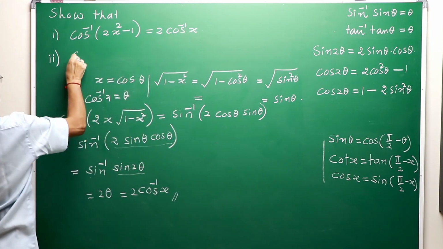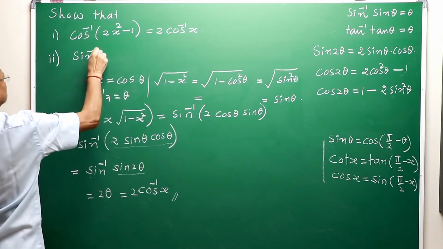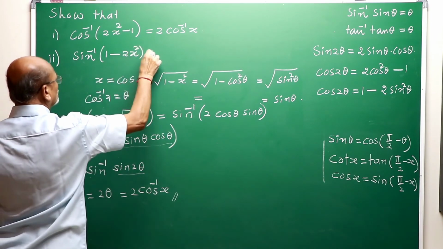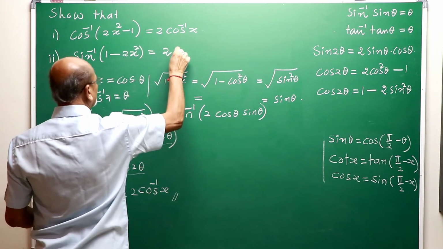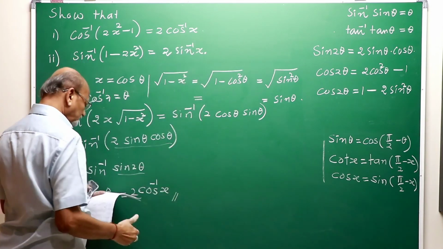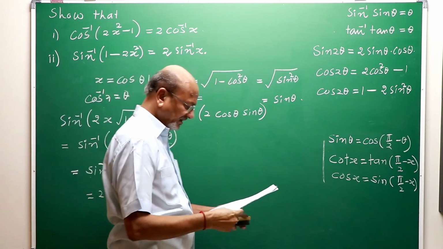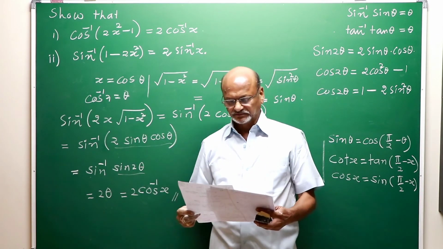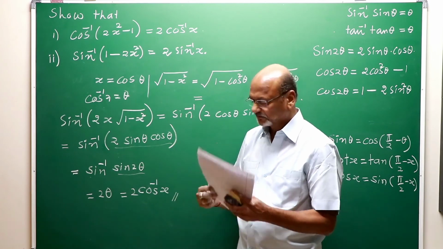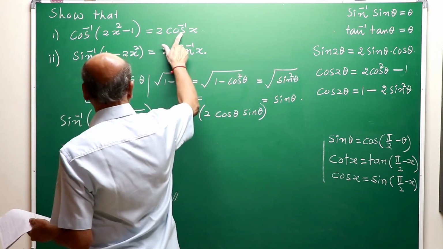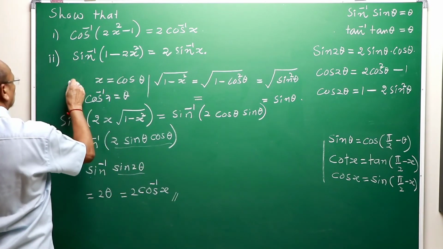Second, sine inverse of 1 minus 2x square equal to 2 sine inverse x. For the RHS cos inverse x, put x equal to cos theta.